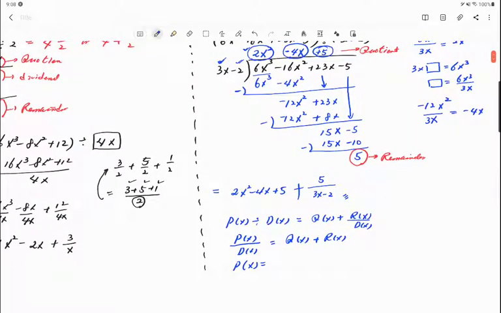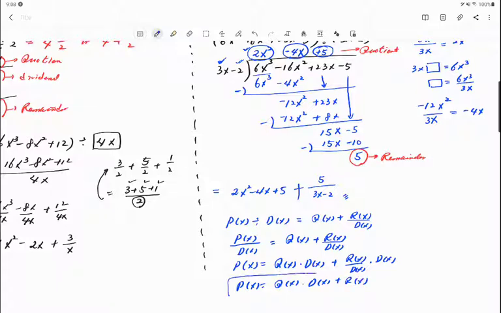So multiplying each side by the divisor is going to be Q of X times D of X plus R of X over D of X times D of X. So that the remainder part can be simplified. So we can cancel out D of X, so it has R of X.